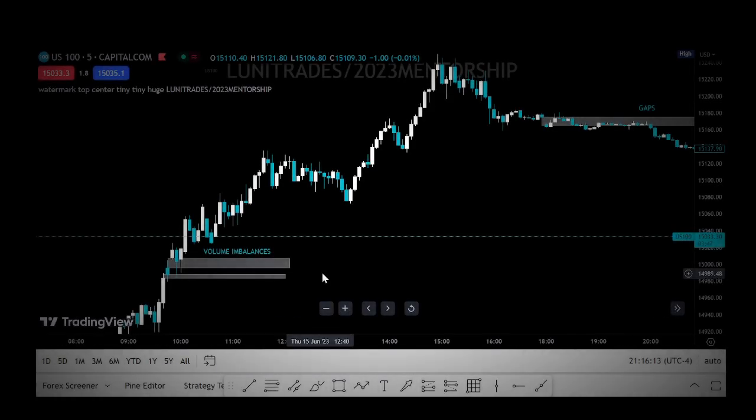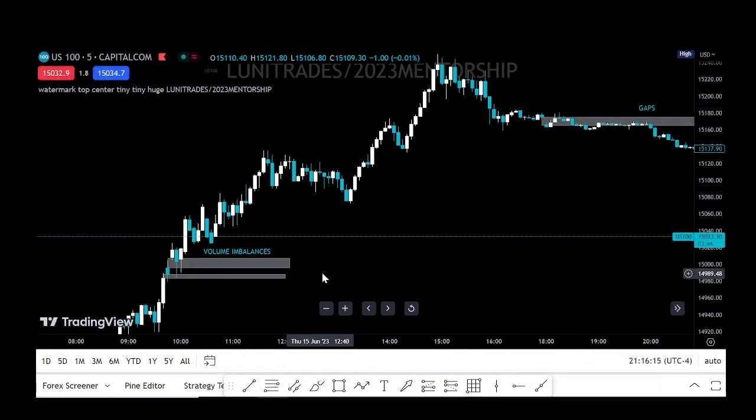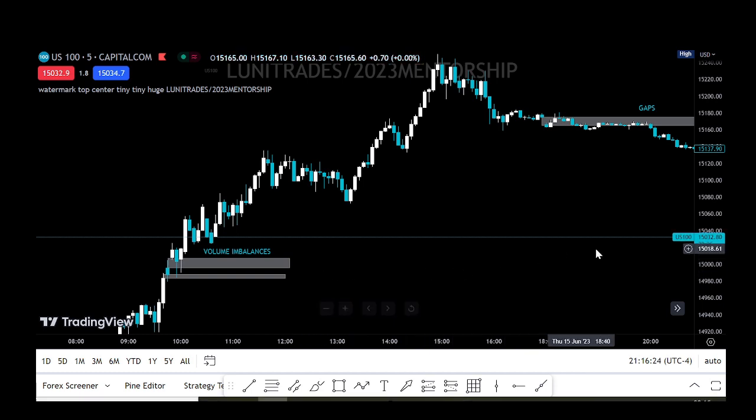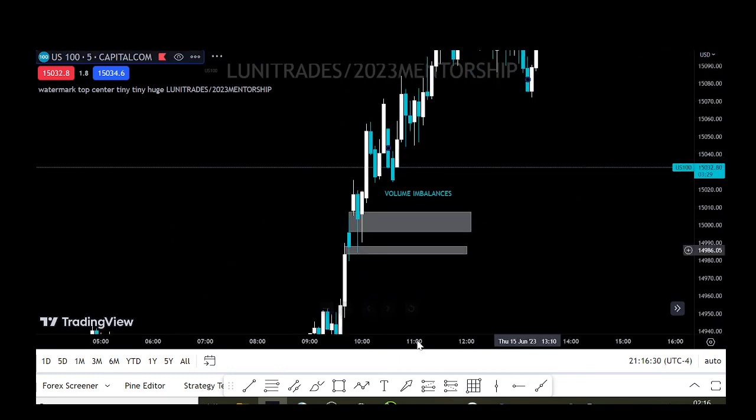Now, let's talk about the difference between volume imbalance and gaps. People tend to mix these two together. As I said, we're just talking about the elements, we're not actually trading or trying to do any setup. So, for volume imbalance, which is this, let me zoom in so you can see it clearly.